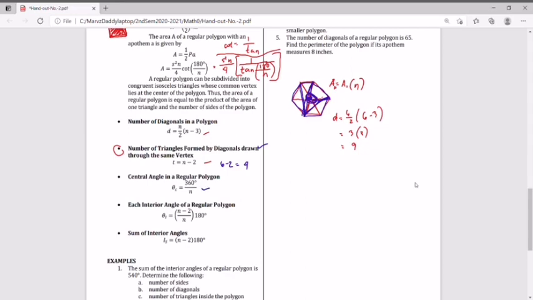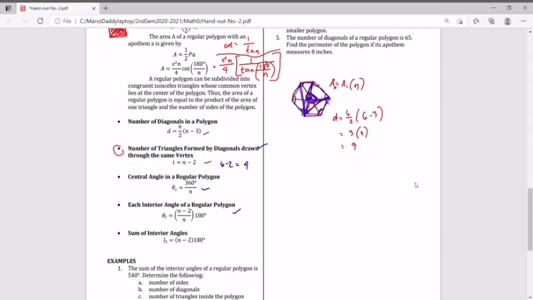Then, each interior angle of a regular polygon, so this one, this measurement right here. Since for a regular polygon, the interior angles are all equal, you have to follow this formula: n minus 2 over n, where n is the number of sides, then multiply by 180 degrees. And then, sum of interior angles.